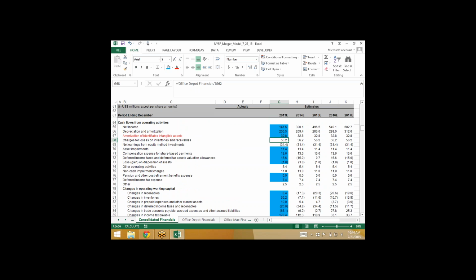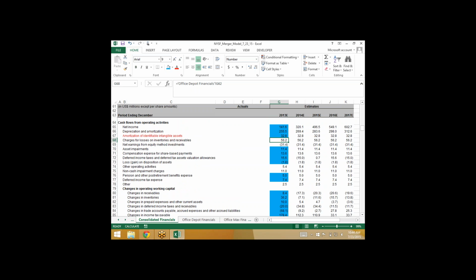So, charges for losses on inventories and receivables. If you're losing inventory, that's definitely going to affect the assets. You can kind of guess where that's going to go, right? There's really no line item for losses on inventories and receivables. There's inventories and receivables, but that's already pulling in from working capital. You don't want to touch working capital. Working capital is done based on the working capital schedule.